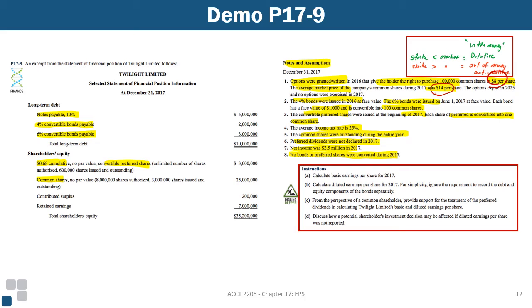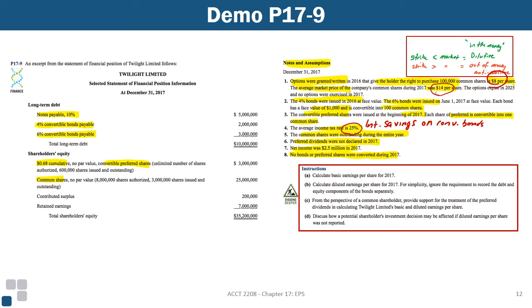We need the tax rate to calculate the interest after tax. The interest savings actually have to be calculated. I'll just write this again. The interest savings on the convertible bonds, right? That's the only thing we need the tax rate for.